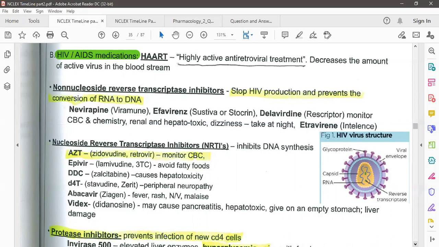Do not clean cat litter boxes if anybody has that habit. Avoid sick people and practice safe sex. Also, ongoing monitoring of CD4 cell count is very important. And also nutrition.